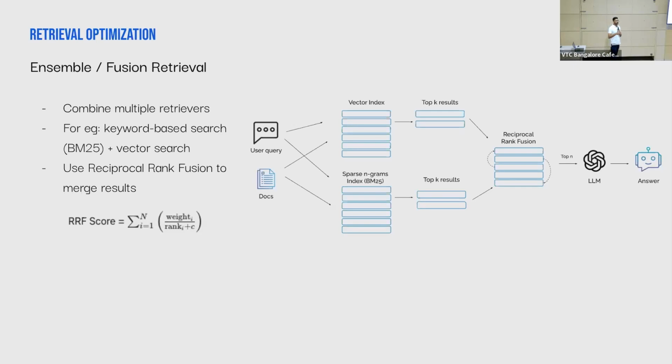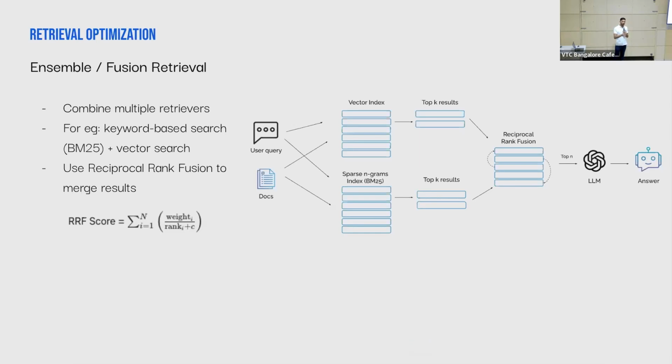If the chunk that was retrieved from vector store 1 was at rank 1, then the reciprocal rank of that will be 1 by 1, which is 1. Let's say it was at rank 2, the second position, then your reciprocal rank will be 1 by 2, which is 0.5. So you basically just take the reciprocal of the rank.